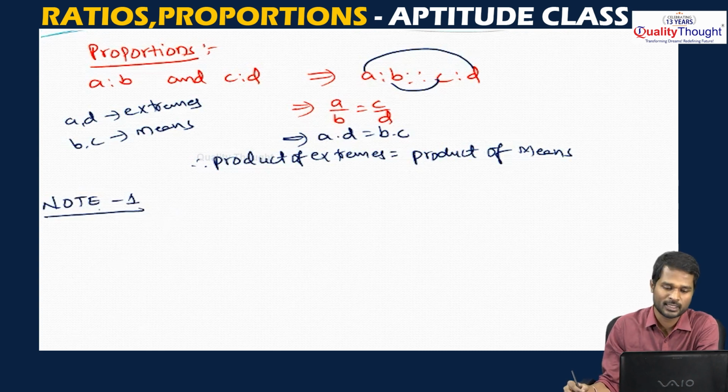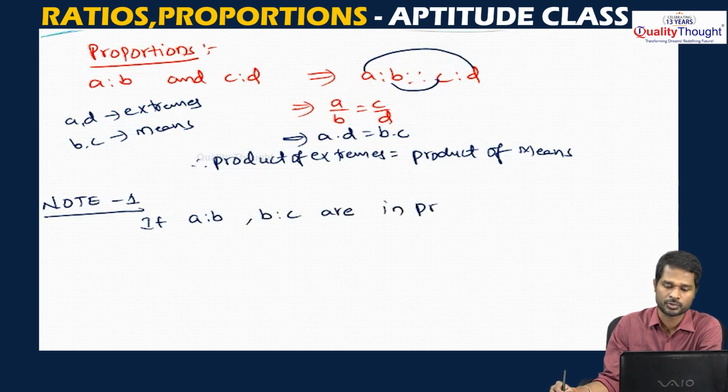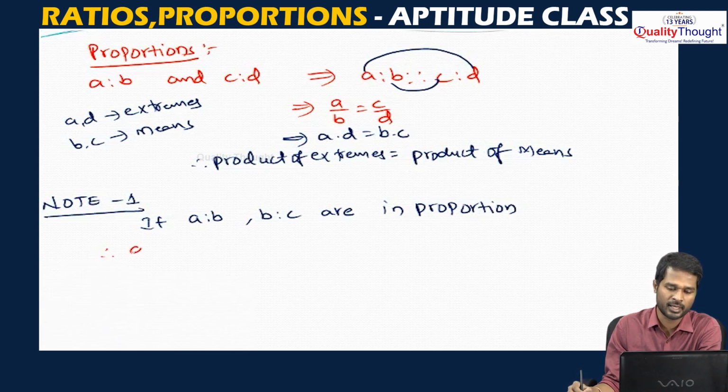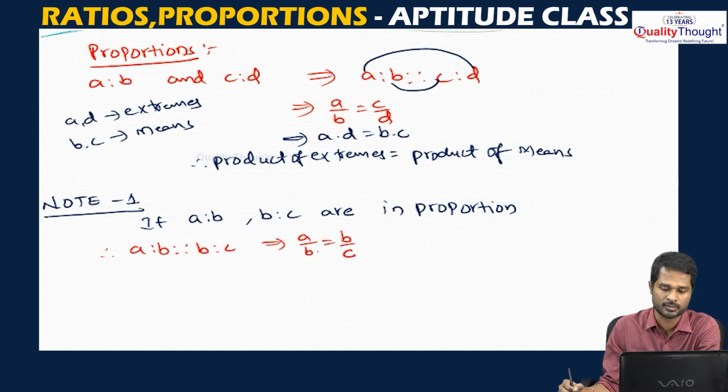Note 1: if A is to B and B is to C are in proportion, then we can write them as A is to B equals B is to C, which can be written as A by B is equal to B by C. See here, A is called the first, B is second and C is the third proportion.